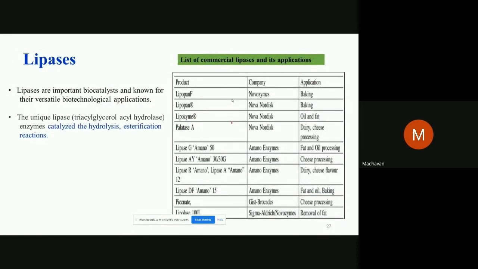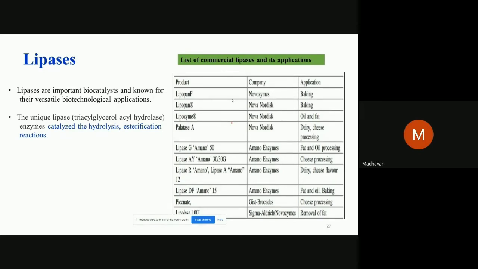So first let us see lipase. It is an important catalyst known for its versatile biotechnological applications, and it can catalyze hydrolysis and especially esterification reactions. It is used in baking, oil and fuel, dairy, cheese processing, and fat removal.